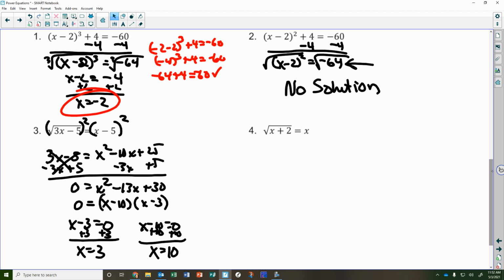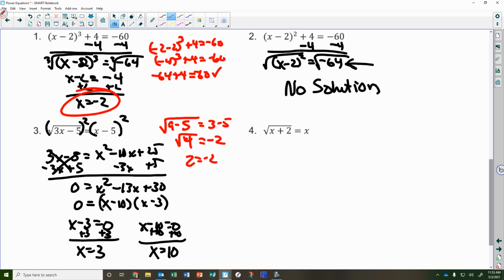So if I go back to the original equation and plug them in, if I plug in 3, I have basically 3 times 3 is 9, so the square root of 9 minus 5 equals 3 minus 5. And the square root of 9 minus 5 is 4, and the square root of 4 is 2.